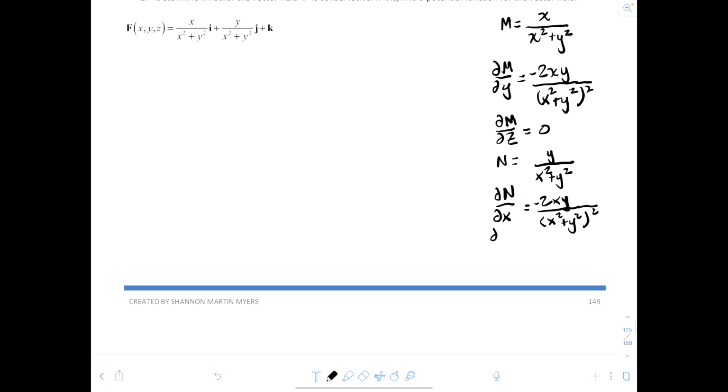And the first partial of N with respect to z, which will be 0. There are no z's in N. And P is just equal to 1, so dP/dx is equal to 0, and dP/dy is also 0. Groovy?